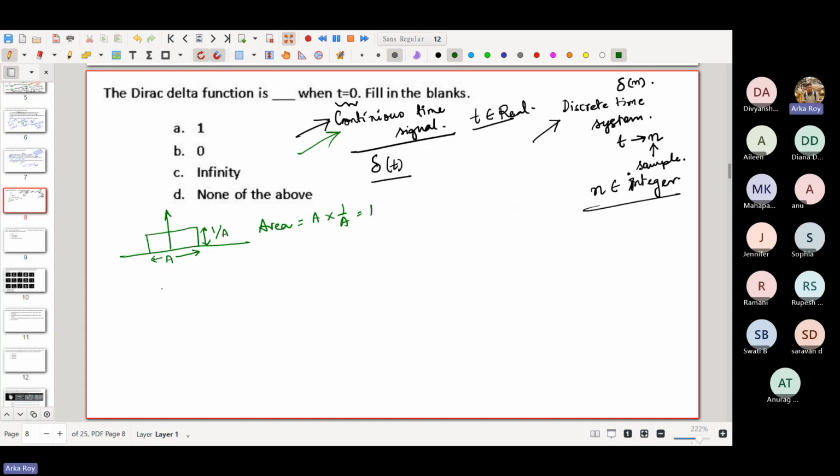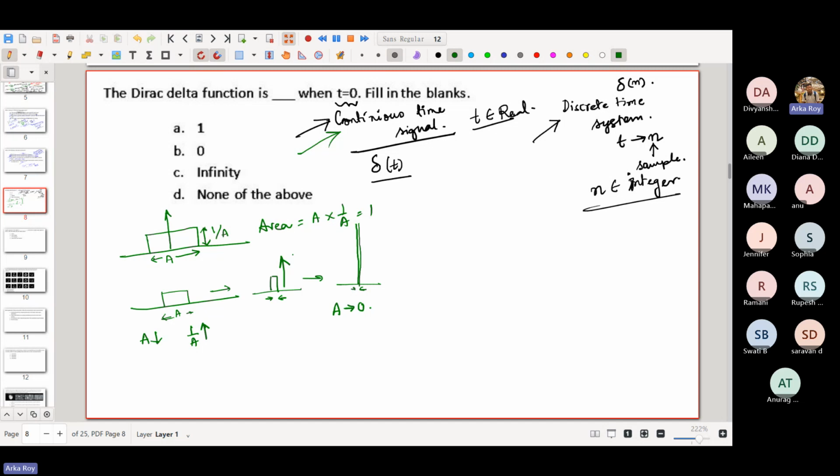Now what you do, you reduce this width like this. You keep on reducing this particular value. If a is reduced, then 1 upon a will increase. That means this width will be reduced and this height will go up. Now let us consider you reduce it to a very narrow extent, that means a value tends to 0.